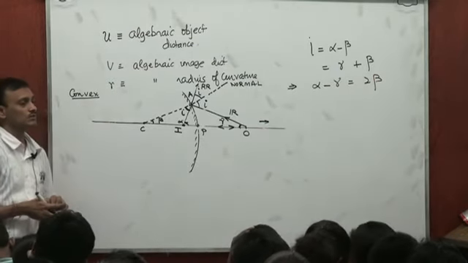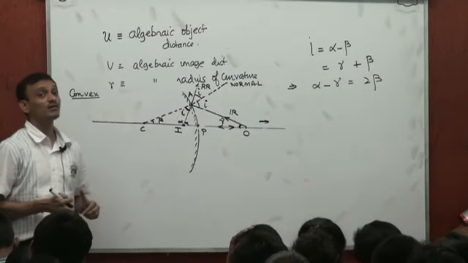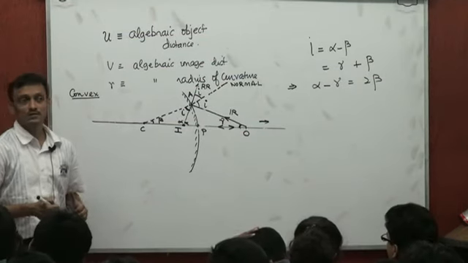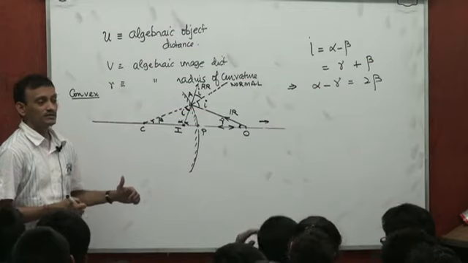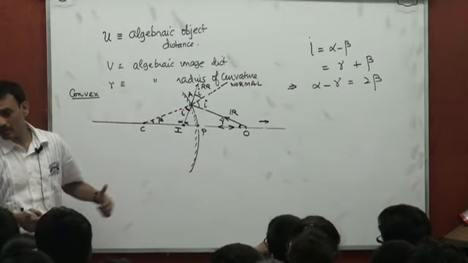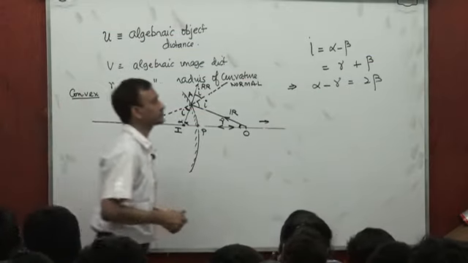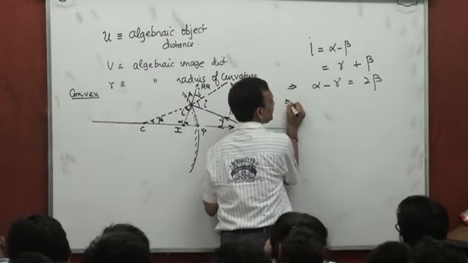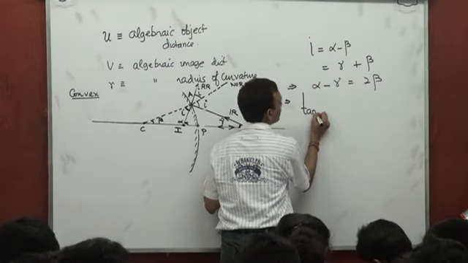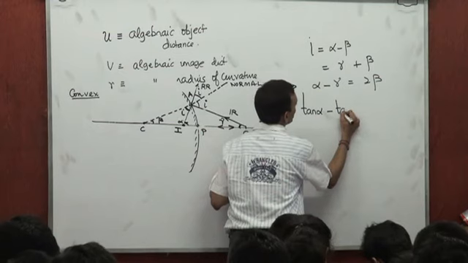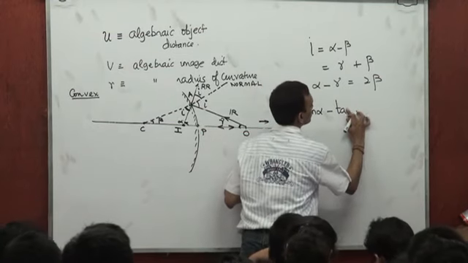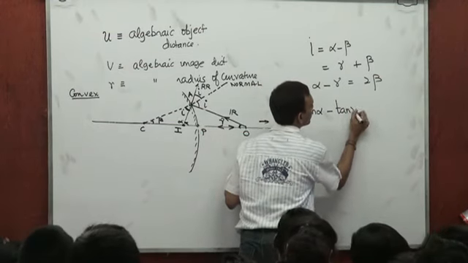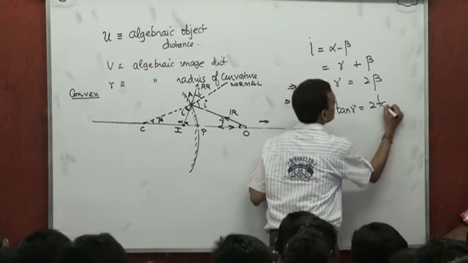And again, alpha, beta, gamma are small, so replace alpha by tan alpha, beta by tan beta, and gamma by tan gamma. You end up getting tan alpha minus tan gamma is 2 times tan beta.